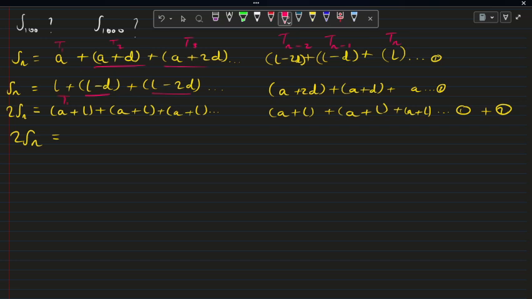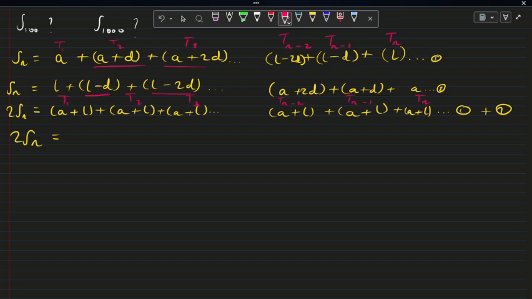I would call it T1 because I obtained it by adding T1 and the first term in the second equation. And then let me call this one T2, T3. This one, let me call it Tn, Tn minus 1, and then I can call this Tn minus 2.